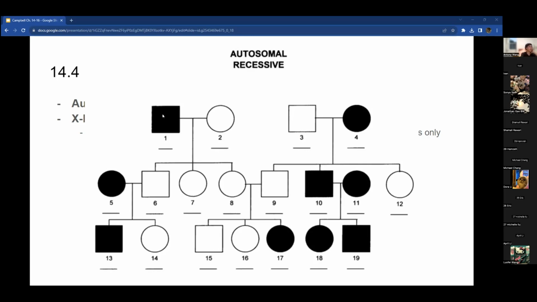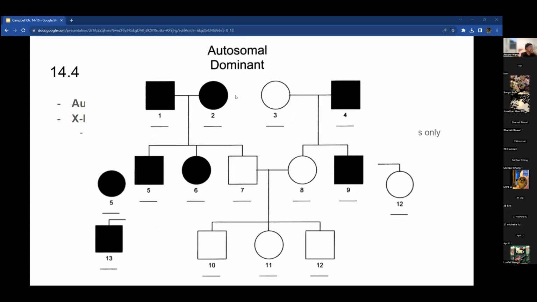So we know that this guy and this girl both have two copies of the autosomal recessive gene. And then the pedigrees show family history, and it shows you how the trait has been inherited, where it originated from.